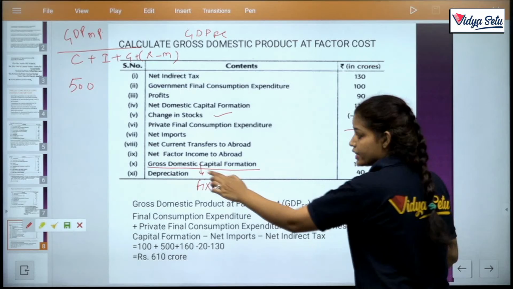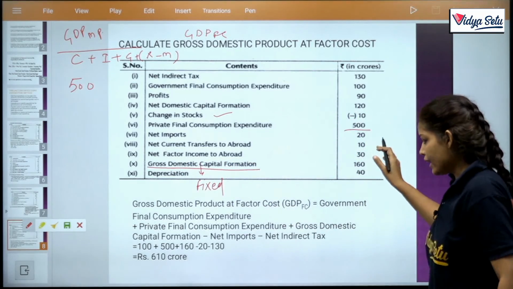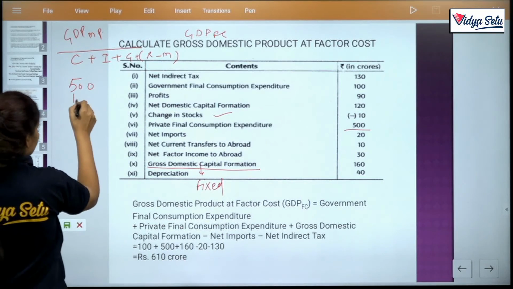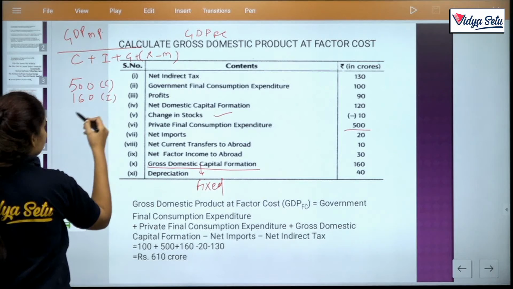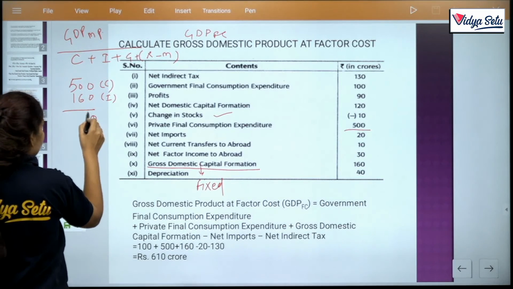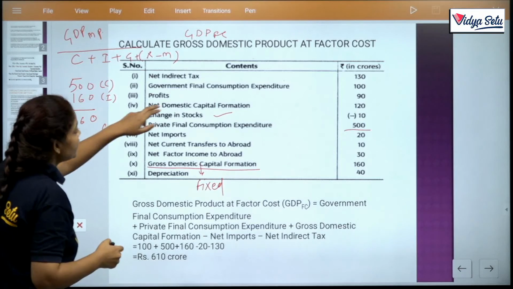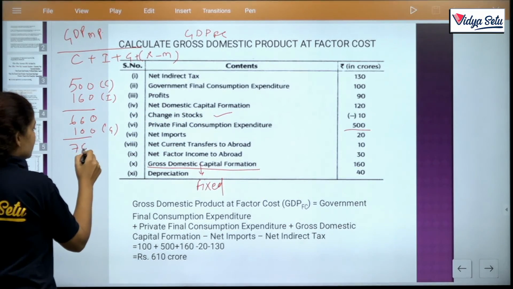But if it is directly gross domestic capital formation, then we just add it as it is. So 160. This is C plus I, 660. Now we have to add G. So government final consumption expenditure is 100, giving 760.